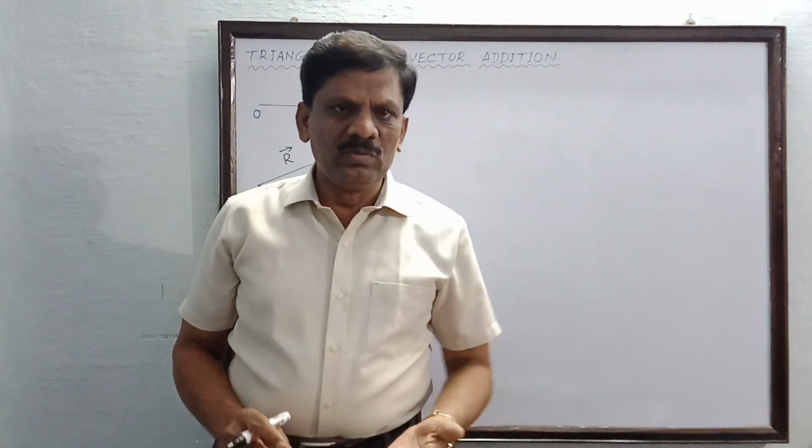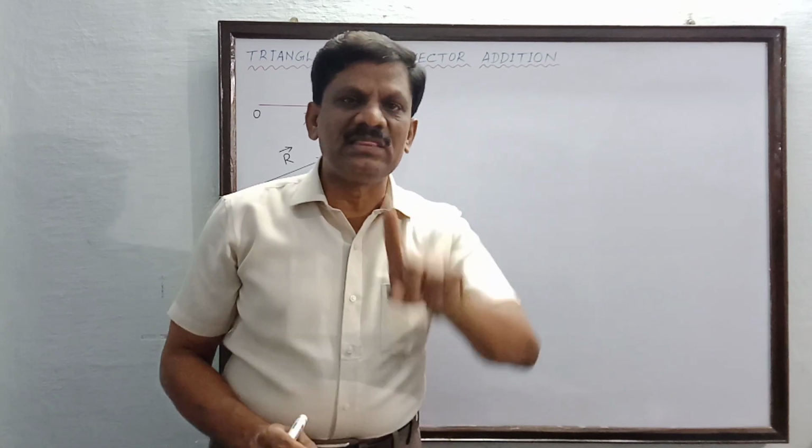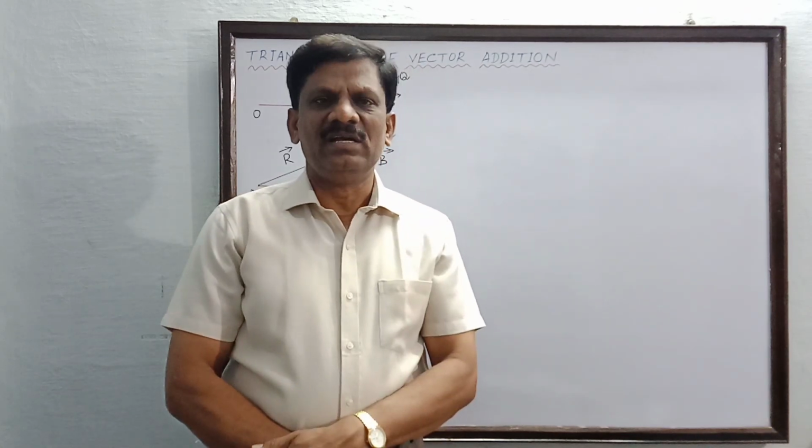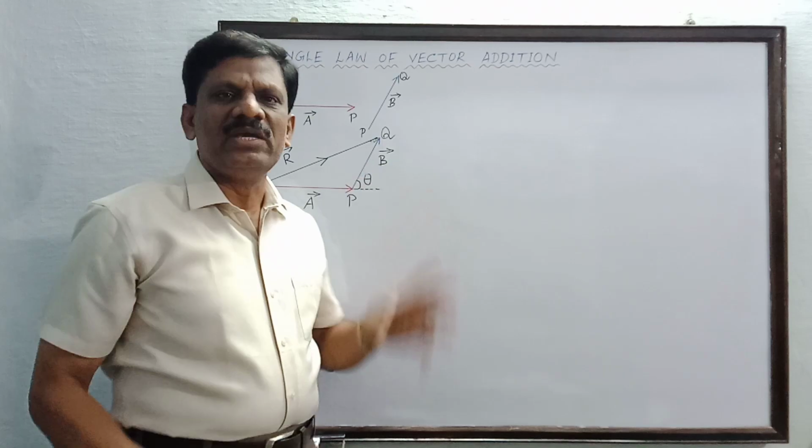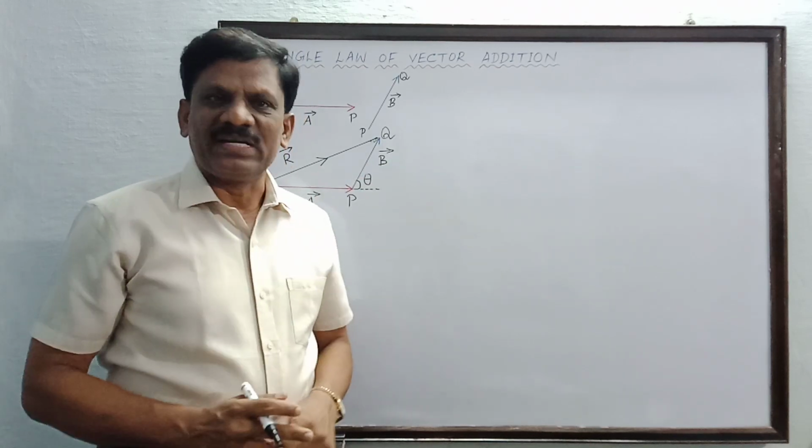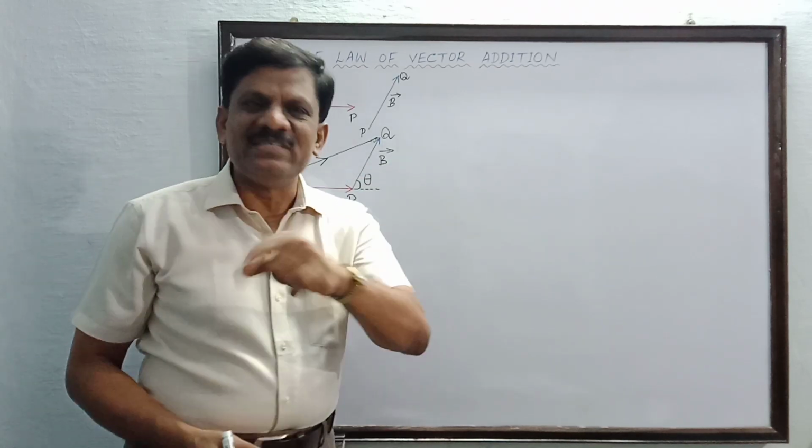And now the resultant is found to be the third side of the triangle. The third side of the triangle gives you what? The resultant vector, which is taken in the opposite order.